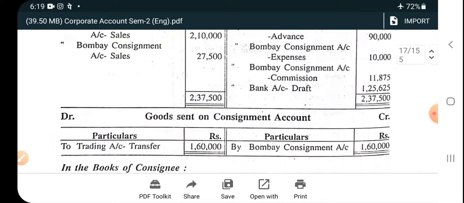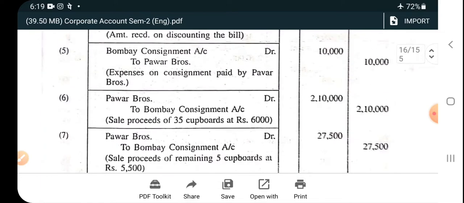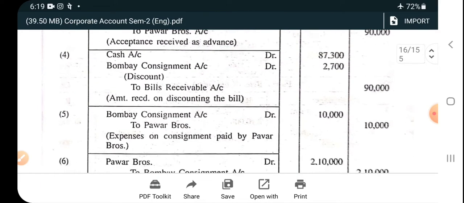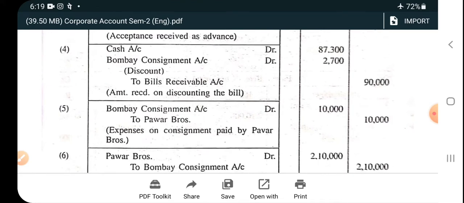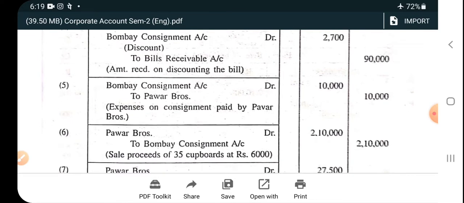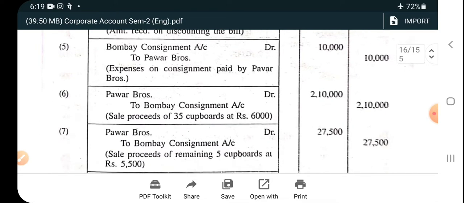Let us see another transaction in the book of consignor. In this chapter we will have to make the journal entries together with the ledger posting in both the parties, which gives you an easy solution of the sum. Some of the authors and some of the teachers first write the journal entry in the book of consignor and then make the ledger posting.